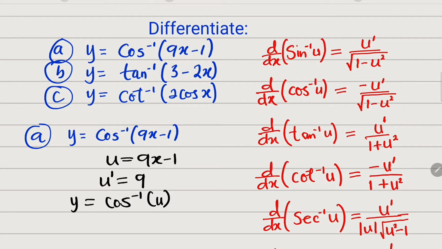So which formula are we going to apply? We are going to apply this formula right here: negative u prime divided by the square root of 1 minus u squared. That is going to be our answer.